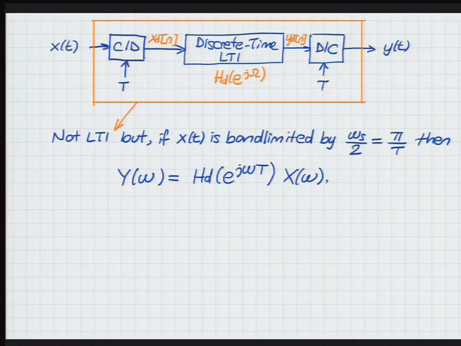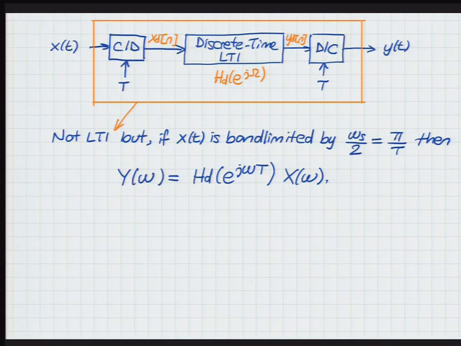And the answer was yes, if our sampling at the input does not cause aliasing, which requires, from the sampling theorem, that the signal X is band limited, and the sampling frequency is at least twice as much, or strictly bigger than twice as much, as the largest frequency in the signal.